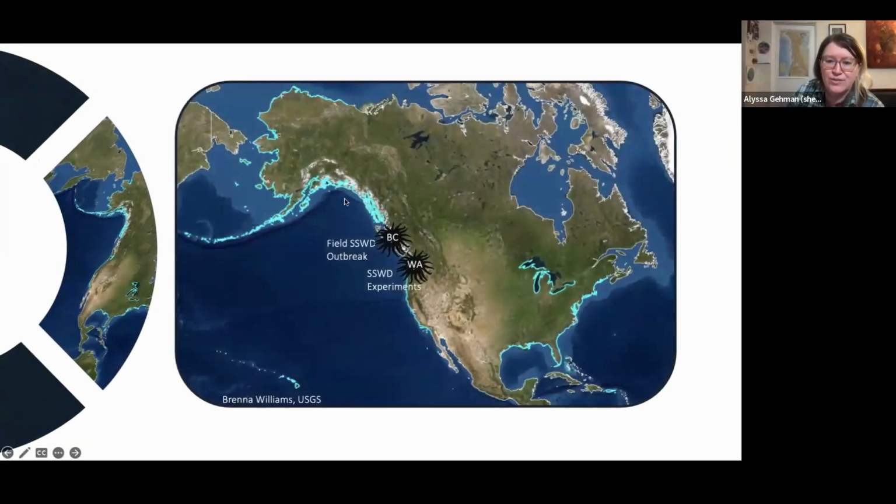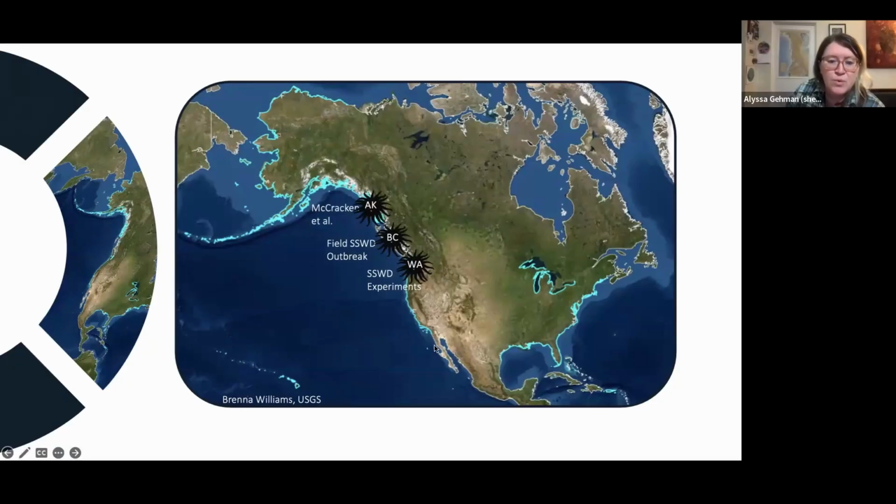To summarize on a map what we know so far: we did our experiments in Washington, and we know the wild animals have VPEC in Washington because that's where we got the pathogen from. We know from the extant disease outbreaks in the Central Coast that VPEC is present there, and that it was present in the earliest part of the outbreak up in Alaska.